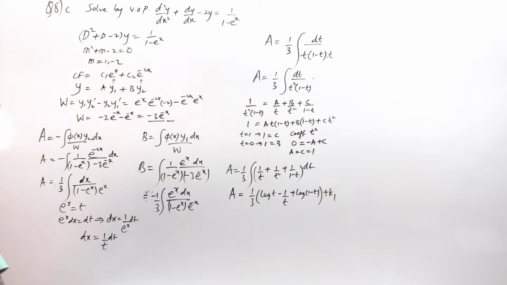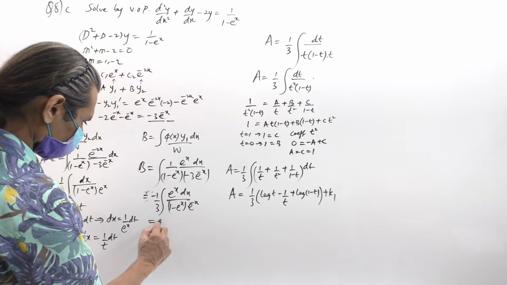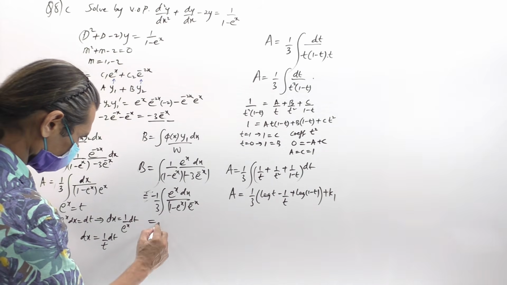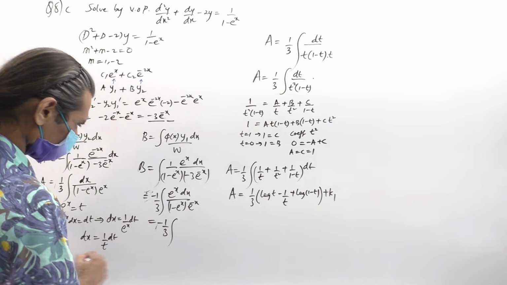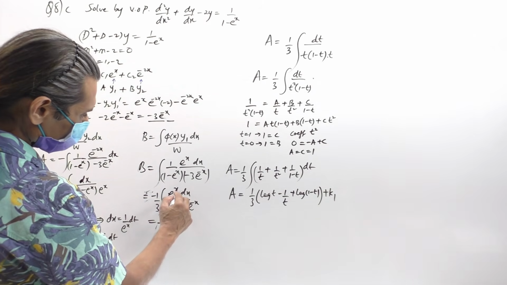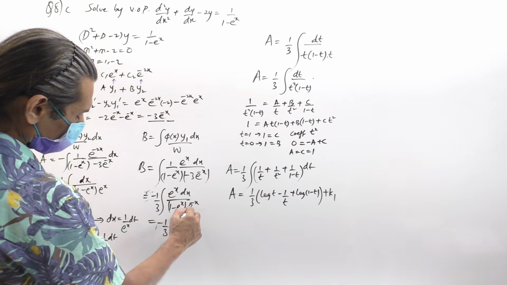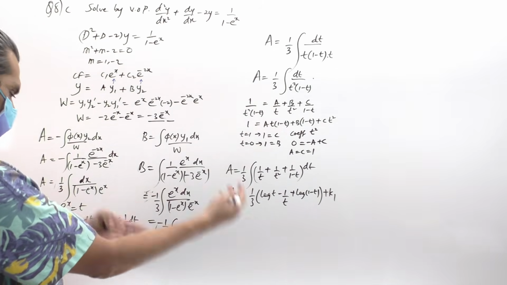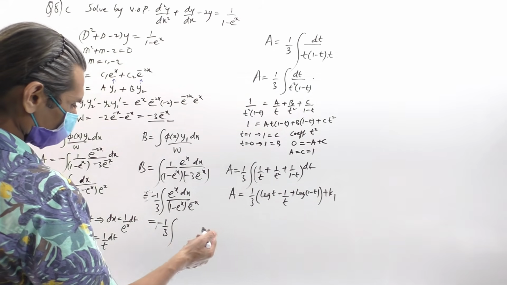So again, minus 1 by 3 outside, integration of e raised to x upon e raised to minus x. I can bring it down, or I can take it up, as you wish.